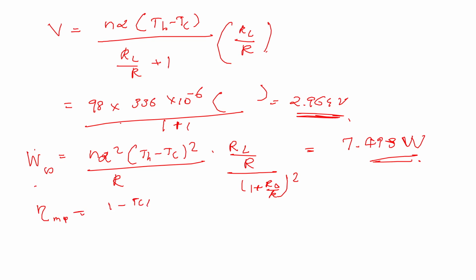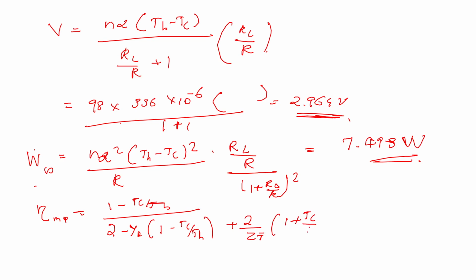Okay. Now we have to calculate the maximum power efficiency, that you can calculate eta mp is equal to (1 minus Tc divided by Th) divided by (2 minus half times (1 minus Tc divided by Th) plus 2 divided by ZT bar times (1 plus Tc divided by Th)). So substitute all the values. Tc value we already know, Th we already know, and we found the ZT values also. Substitute here and find the maximum power efficiency for one TEG module.